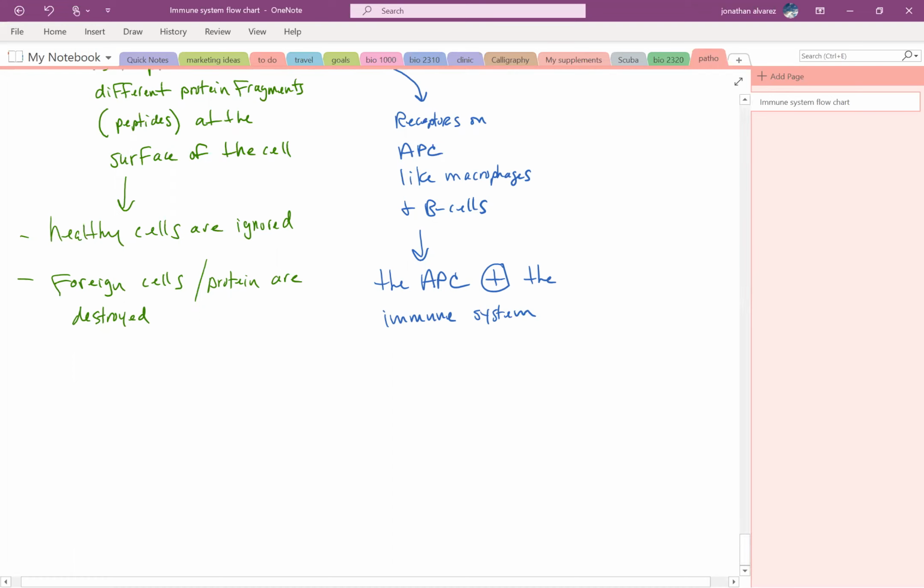And when that happens, that activates a specific immune response. Which means it ultimately ends in the destruction of foreign tissue or a foreign protein.